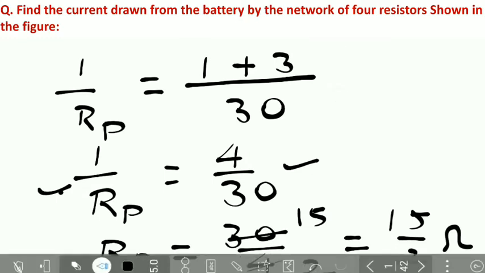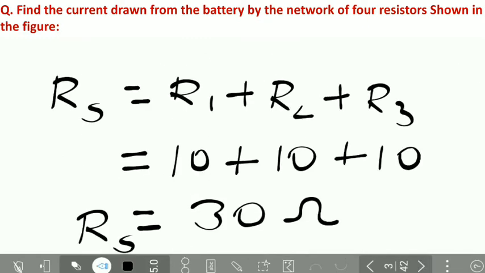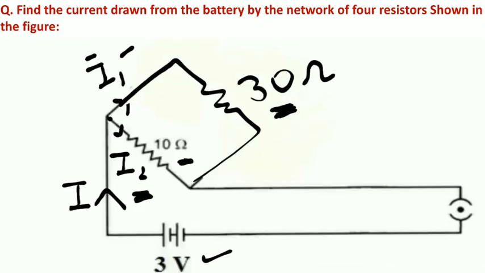Now watch the figure again. The resultant of these two resistors is 15 upon 2. So we will reduce these resistors and place 15 upon 2 in the place of these two, because the resultant of these two resistors is 15 upon 2.